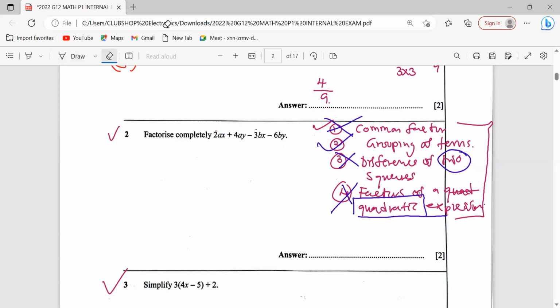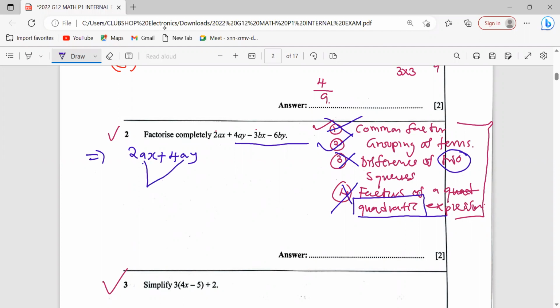All right? So how do we do that? I can pick the first term, which is 2ax. Then select another term from here, which either has a or x. All right? So here, actually, I already have a, so I can maintain it. I've got 4ay because I have got what is common here, which is a.